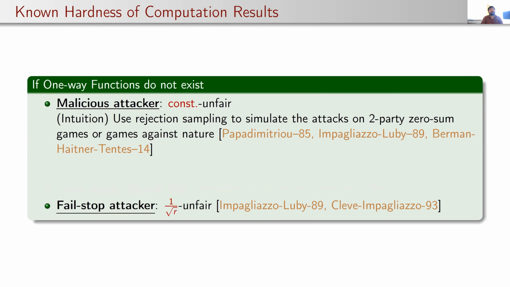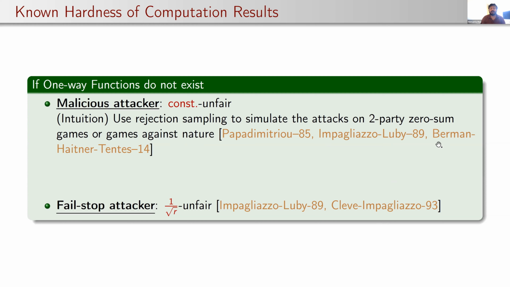Now let's move to hardness of computation results. If an attacker is malicious and has unbounded computational power, then it can attack using attacks on two-party zero-sum games or games against nature. And these attacks can also be performed using a rejection sampling technique if one-way functions do not exist.